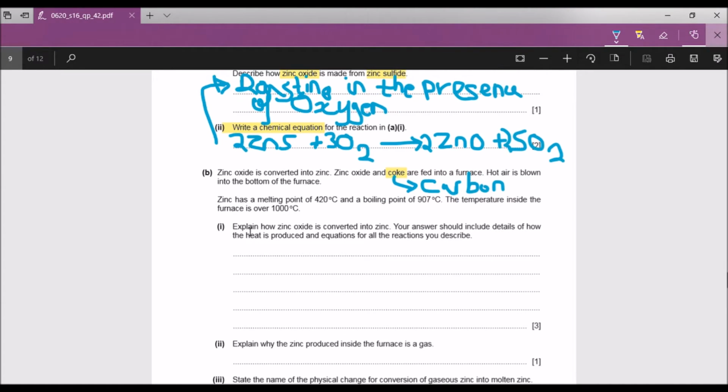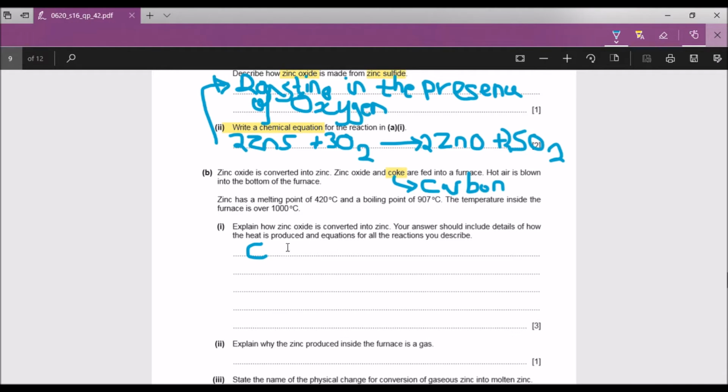So part 1 says explain how zinc oxide is converted into zinc. Your answer should include details of how the heat is produced and equations for all the reactions you describe. So basically, the first equation is that the carbon itself, the coke, reacts with the oxygen in the vessel to form carbon dioxide, and since that's combustion, you get an exothermic reaction.